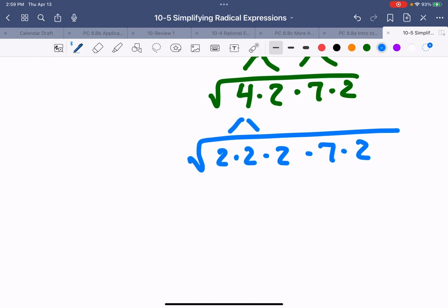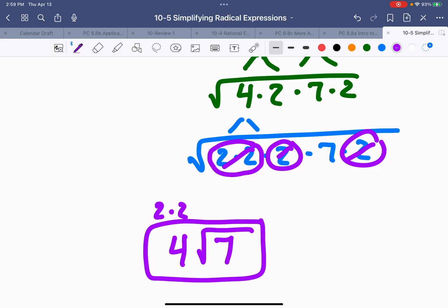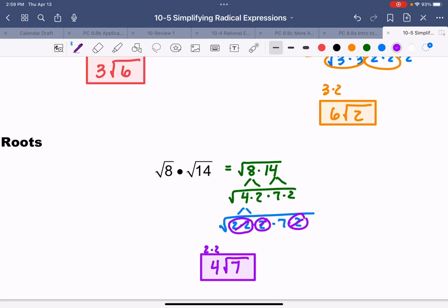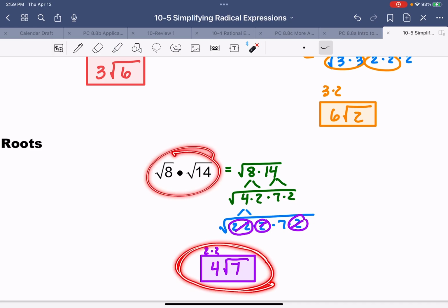And look for pairs. So we've got 2 pairs of 2s this time, which comes out to be 2 times 2, or 4, with 1 leftover 7. And I encourage you to check on your calculator if your calculator doesn't simplify. You can plug that in and plug this in, and they'll be the same decimal.